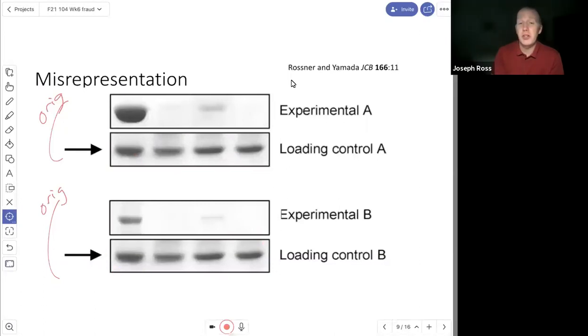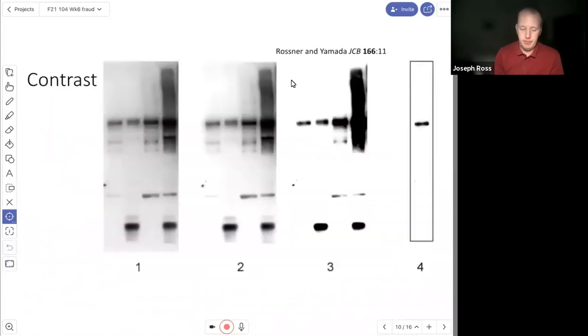Even though this is a real experiment, if you run an experiment, you have to do the control experiment at the same time. So they did not do control experiment B at the same time they ran experiment B. They did this when they ran experiment A. So it's not a control experiment. There's no control experiment for experiment B in this case. And these authors got in trouble for trying to get this published.